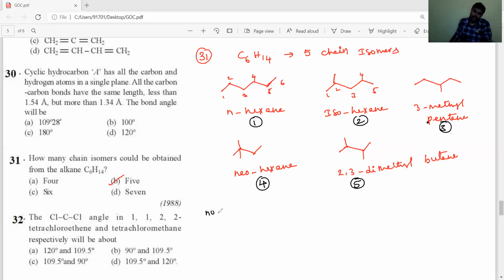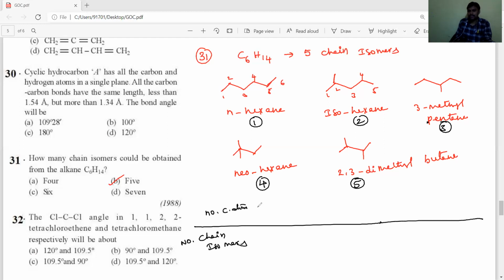Okay, number of carbon atoms and number of chain isomers. Okay, students, let's see that.